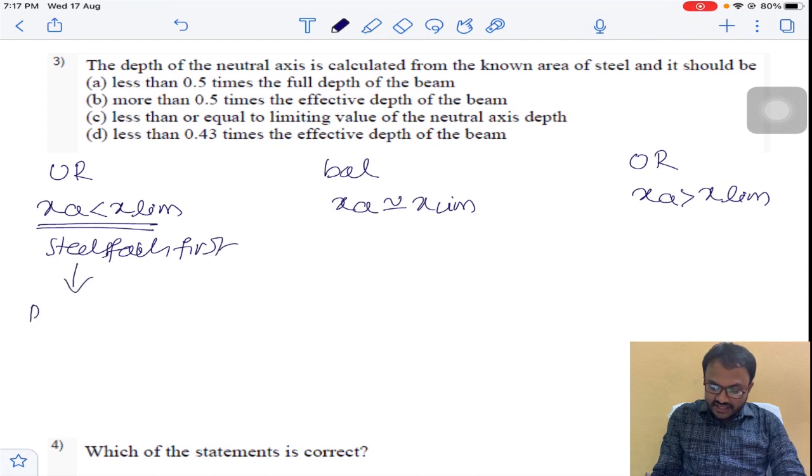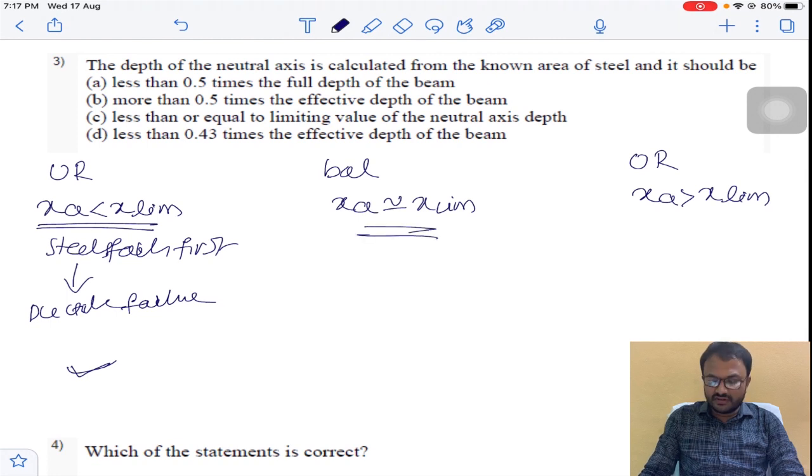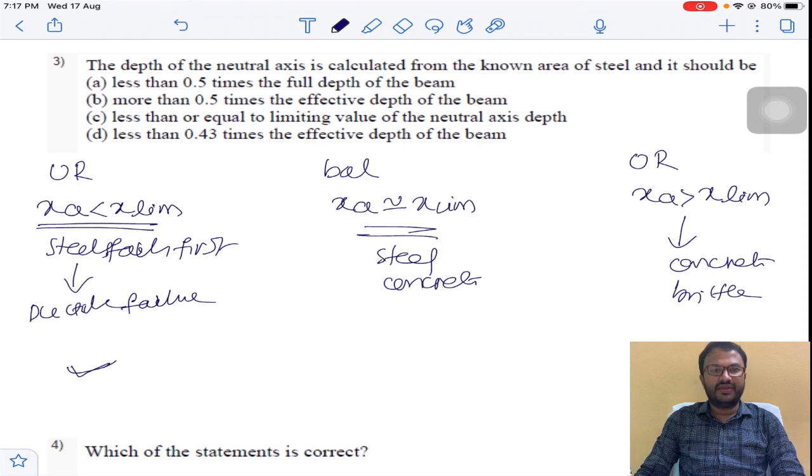As the failure of steel is ductile failure, the complete section will not fail suddenly even if the steel has yielded. So we adopt this type of section. In the balanced section, both steel and concrete fail together. But in the over-reinforced section, concrete fails, and concrete failure is brittle failure, which is a sudden failure.